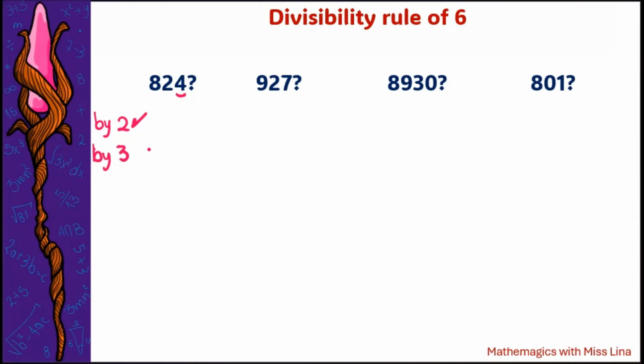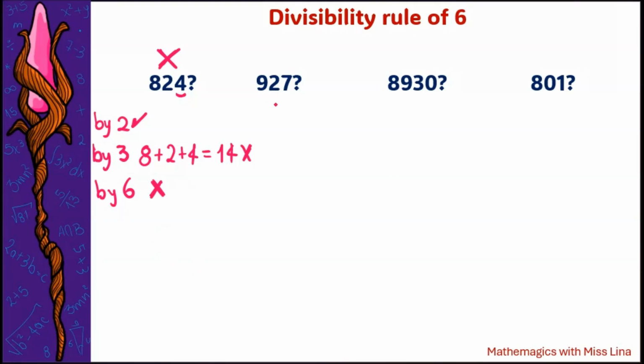By 3, remember, we add the digits. 8 plus 2 plus 4, which is 8 plus 2, 10, plus 4 is 14. So no, it's not divisible by 3. So that means the number is not divisible by 6 either. So by 6, no. It needs to be divisible by 2 and divisible by 3 to be divisible by 6.